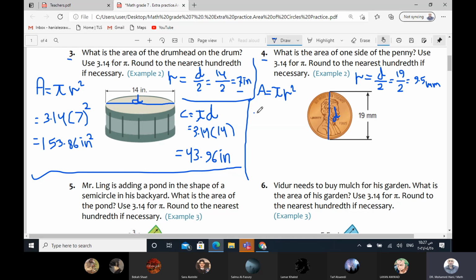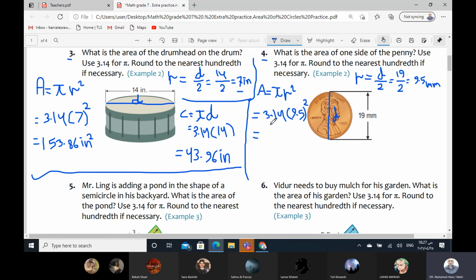Now substitution here. Pi equals 3.14 times R equals 9.5 squared. So now we can calculate.